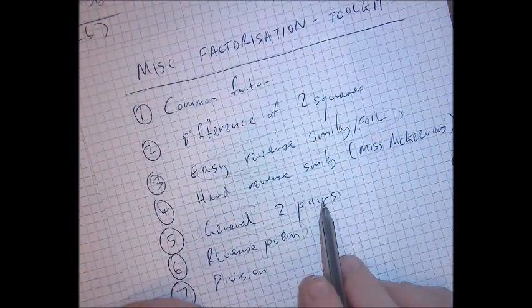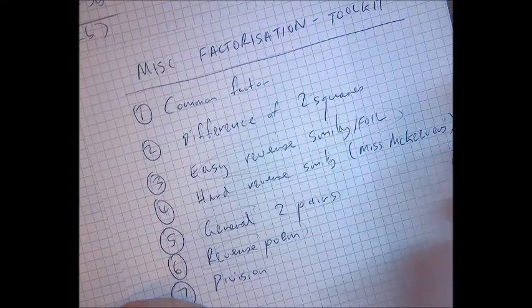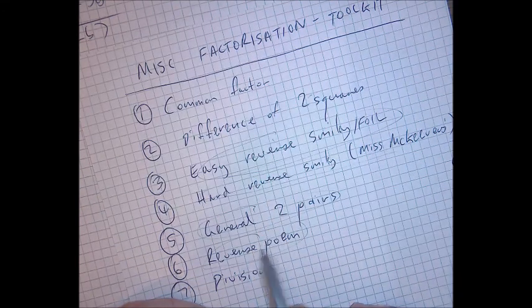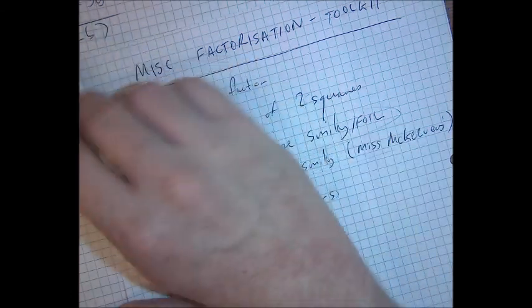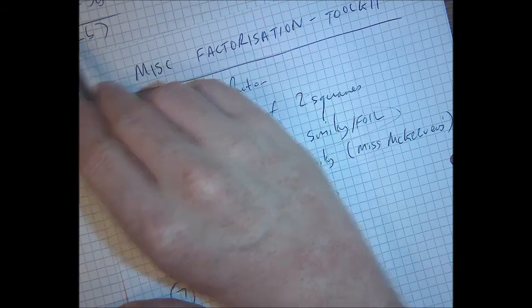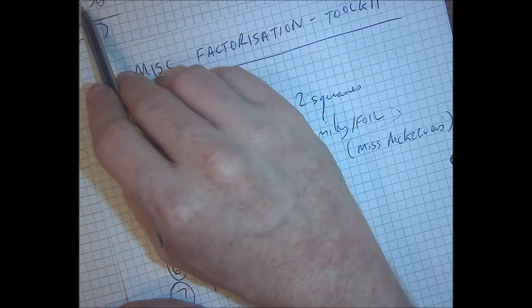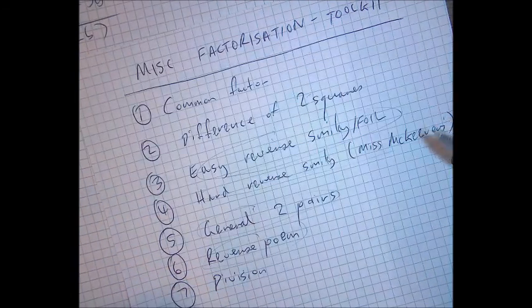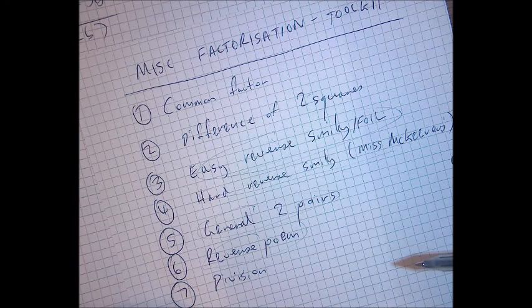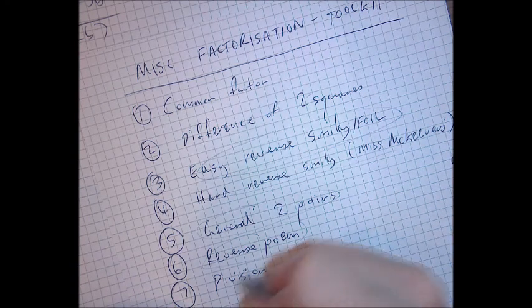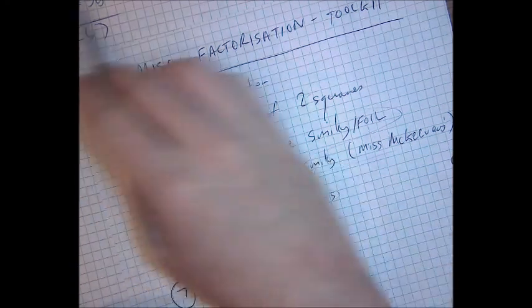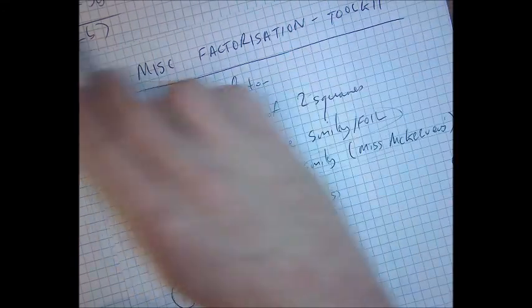Can't be general two pairs because there's three terms, not four. Certainly not the reverse poem because I can't look at it and say that there's two squared expressions. There's no squared expressions there. And the division method for polynomials doesn't seem to apply because there's more than one letter.